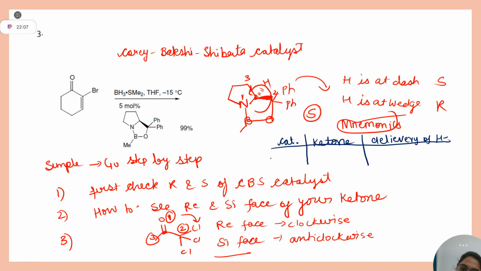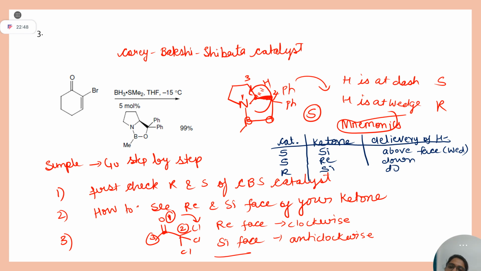So always remember, students, if your catalyst is S and you are having Si face, the hydride will come from above face, means from the wedge. If your catalyst is again S but your ketone is Re face, it will be down. If your catalyst is R and ketone is Si face, again down.